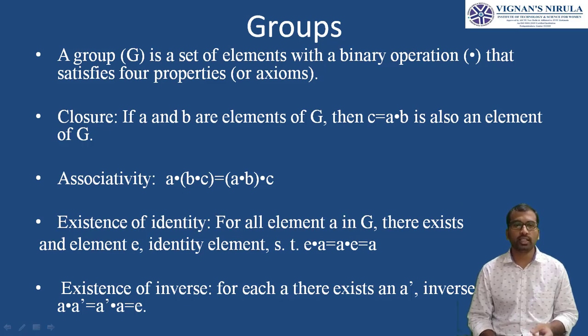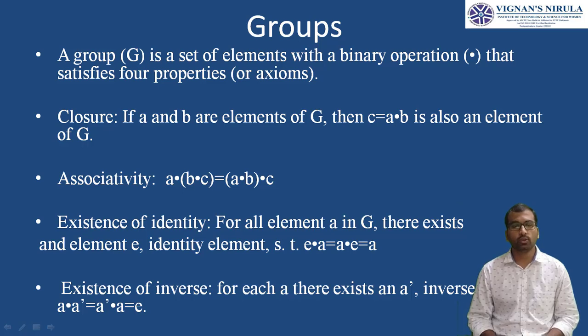The symbol denotes the operator for the desired operation, either multiplication or addition. So closure is a property which a group satisfies. If A and B are elements of G, then C equals A dot B is also an element of G. That is the closure of a group.